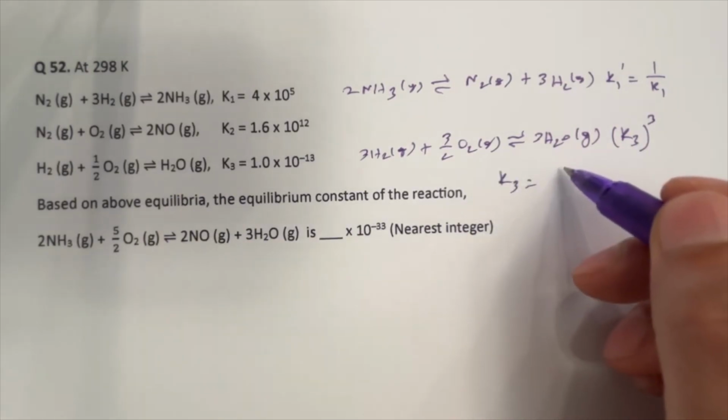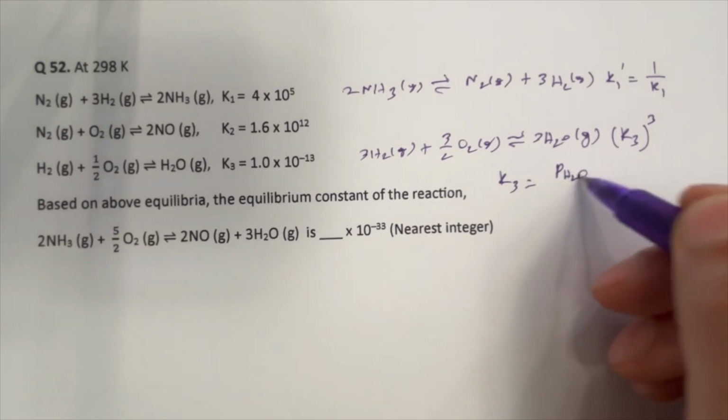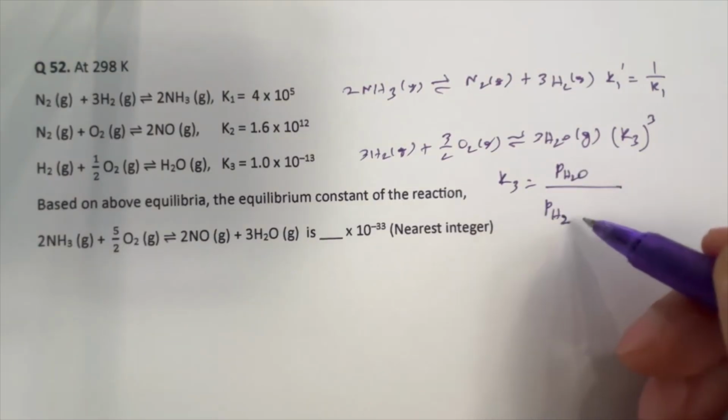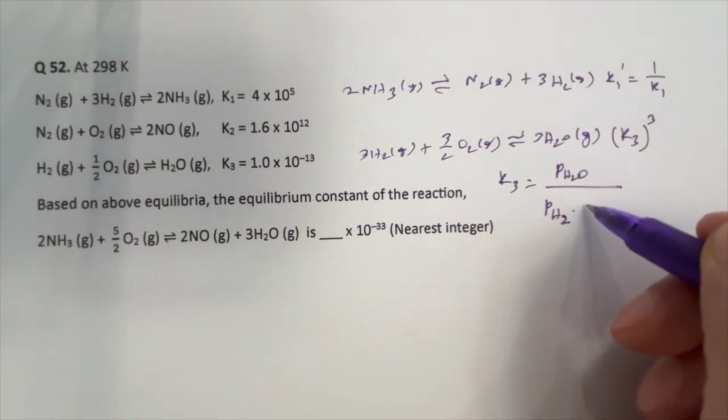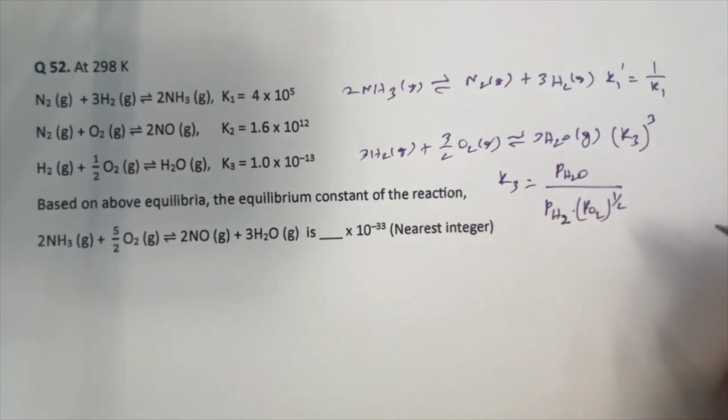K3 in terms of partial pressure, this is partial pressure of water divided by partial pressure of H2 times partial pressure of O2 to the whole power 1 by 2.